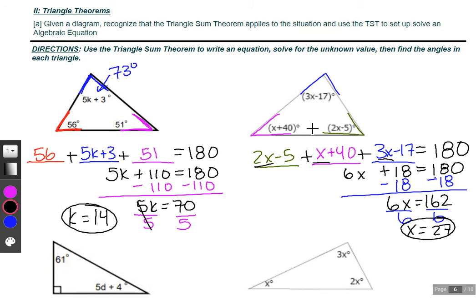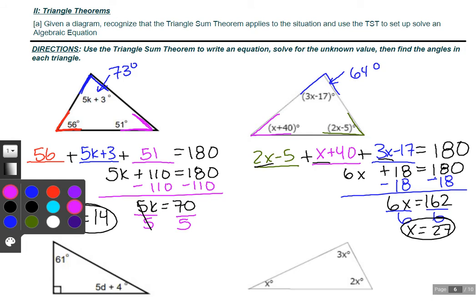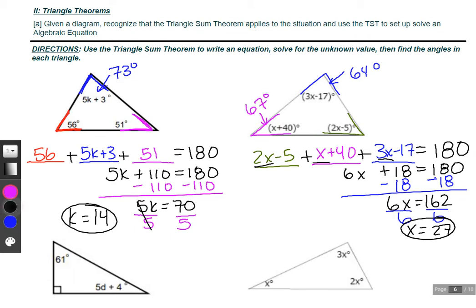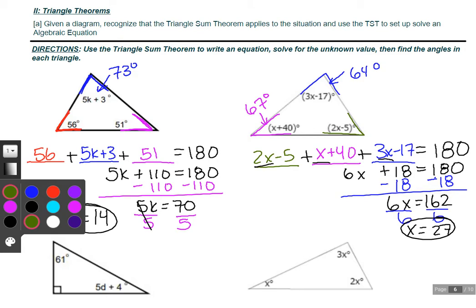So let's substitute it back into our angles. Let's go top blue first. So 27 times 3 minus 17 gives us 64 degrees for our top angle. X plus 40, that'd be 27 plus 40, this guy right here, that's going to be 67. 2 times 27 minus 5, that'll give me this one to be 49 degrees.